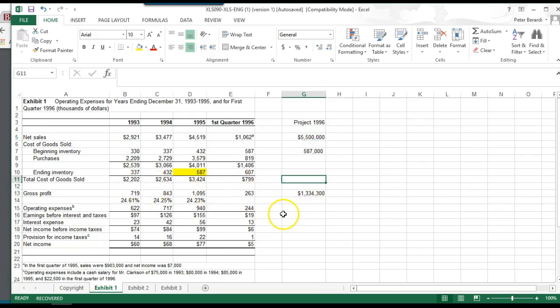That means our cost of goods sold is going to equal, as we know from accounting, net sales minus gross profit will be the cost of goods sold.